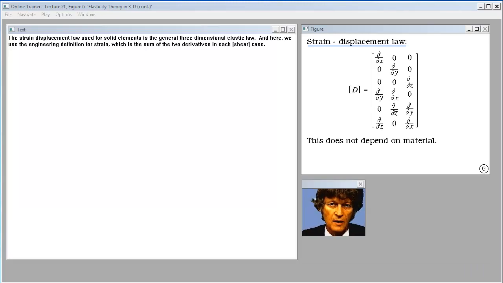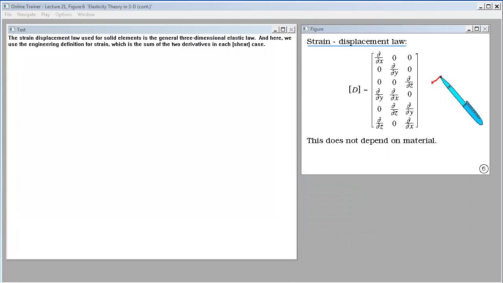The strain displacement law used for solid elements is the general three-dimensional elastic law. And here we use the engineering definition for strain, which is the sum of the two derivatives in each case.